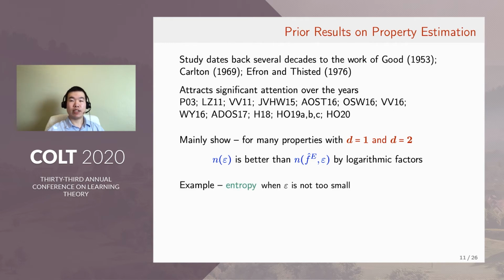For example, for entropy, when epsilon is not too small, the sample capacity of the empirical estimator is k over epsilon up to constant factors. And the performance of the best estimator that achieves the sample capacity of estimating entropy is k over epsilon log k, which is better by a factor of log k.